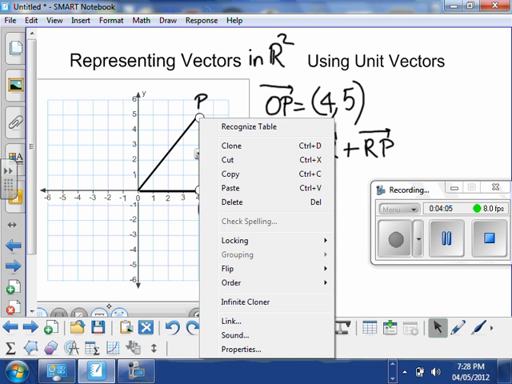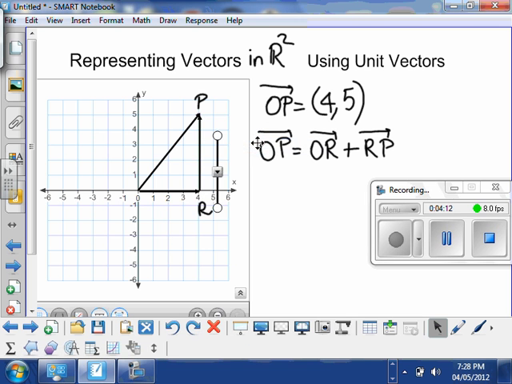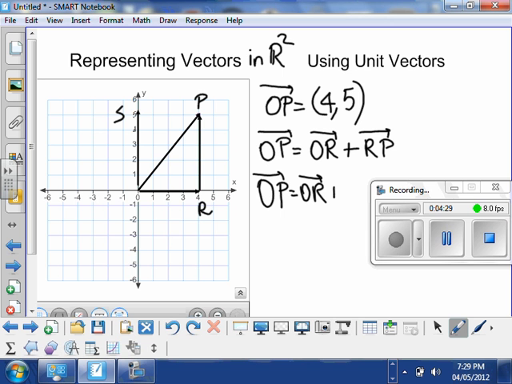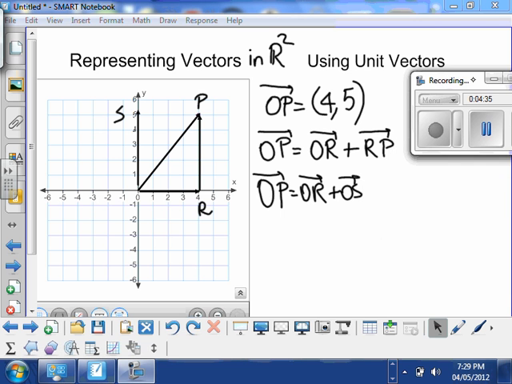Now, vector RP is not a position vector, but nothing stops me to use this vector. Let's call it OS. So instead I'm going to write OP as OR plus OS. Not a surprise, OS and RP are equal vectors, so no big deal.